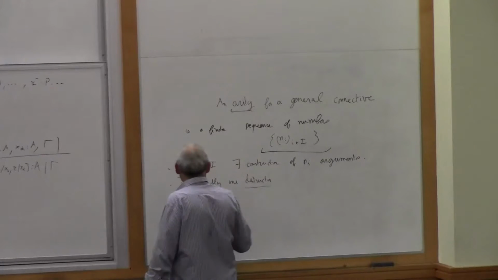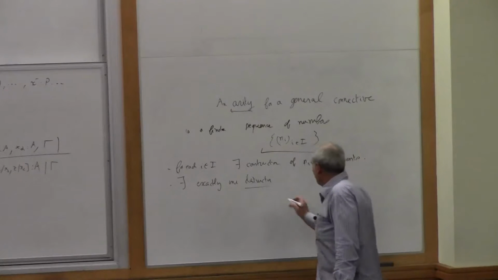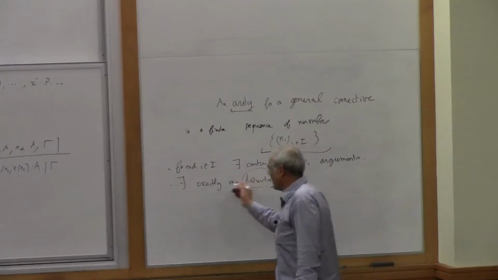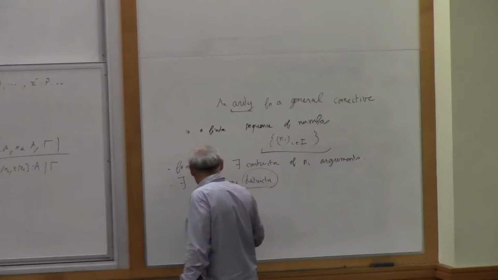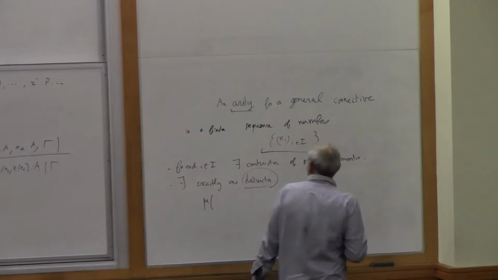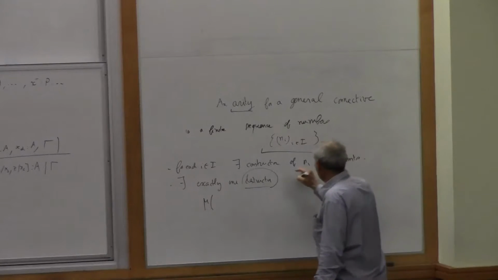So the destructor has this shape. Let's call this constructor Ci.